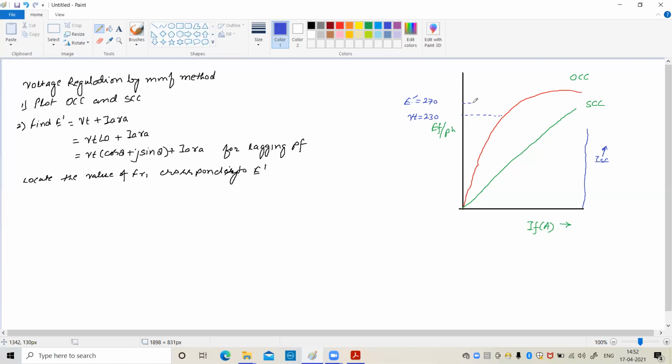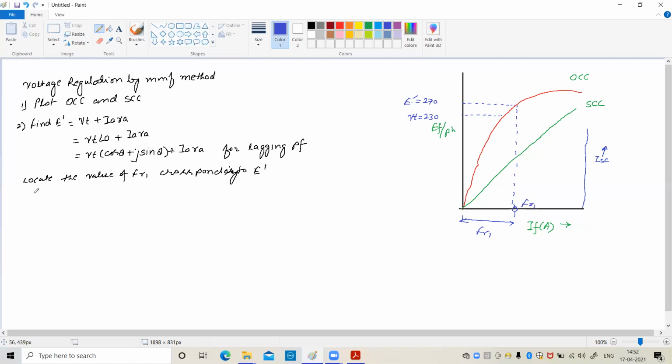So this 270 volt is over the OCC, and from the OCC come to the corresponding value of FR1. So this is the value here. This much part is FR1. So this point is FR1.